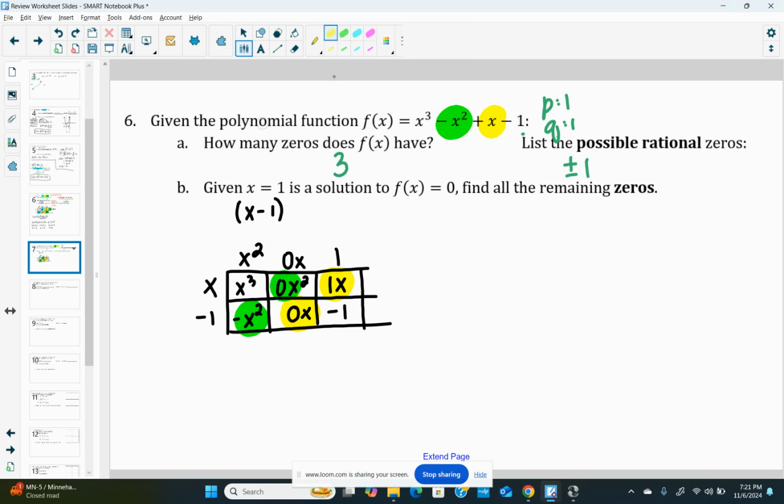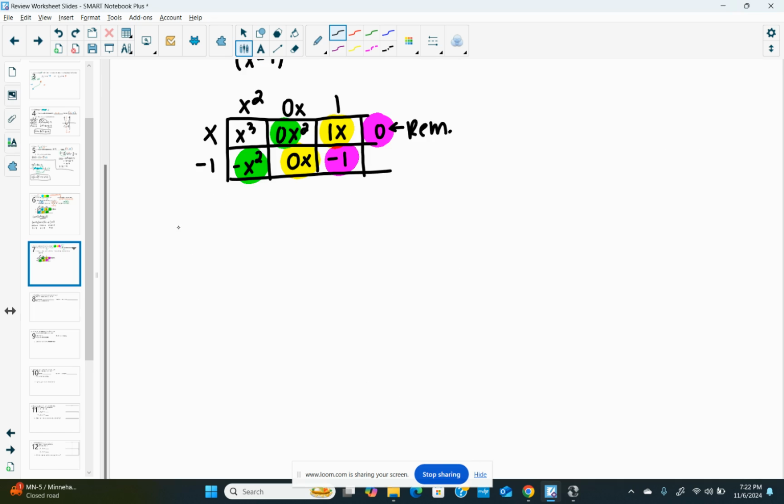And then this box plus this box needs to equal negative 1. So negative 1 plus 0, which again is good because this is our remainder. So now we have x minus 1 times x squared, and I'm not going to write this 0x. I'm just going to do x squared plus 1.